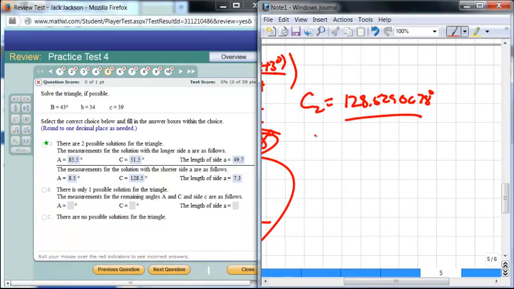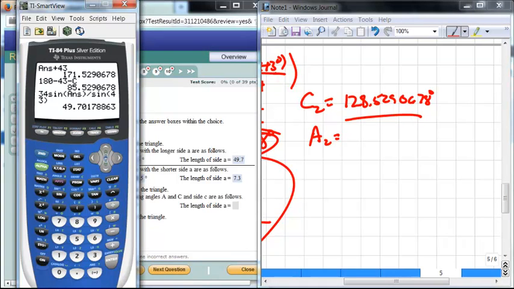Okay, so this time angle A, A2, we actually figured that out a while ago. Well, no, we were close to figuring that out. It's 180 degrees minus C, that's 128.